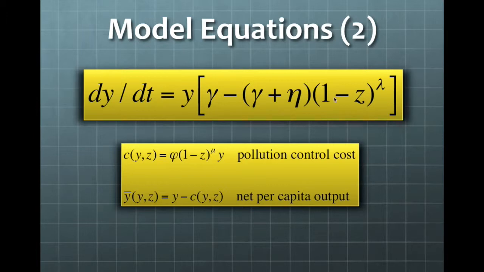The function has several parameters, but it's essentially a function that is tied directly to the availability of natural capital Z. You can see here, and we'll talk about it in a second, that these exponents are positive, so essentially if the natural capital goes up, then the production goes down, and vice versa.